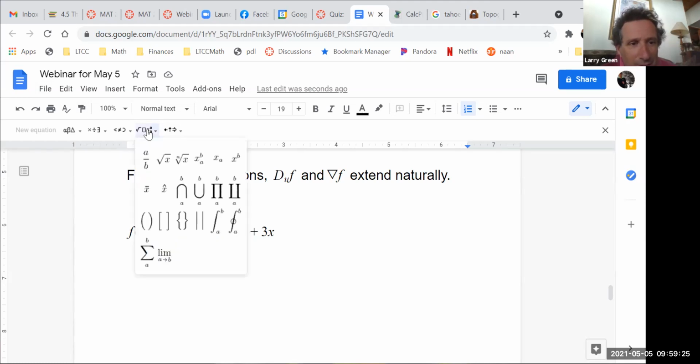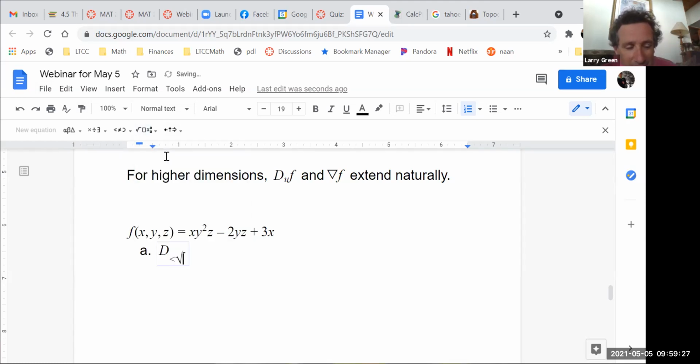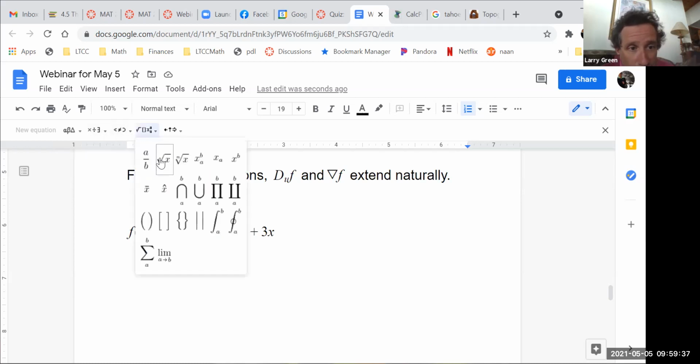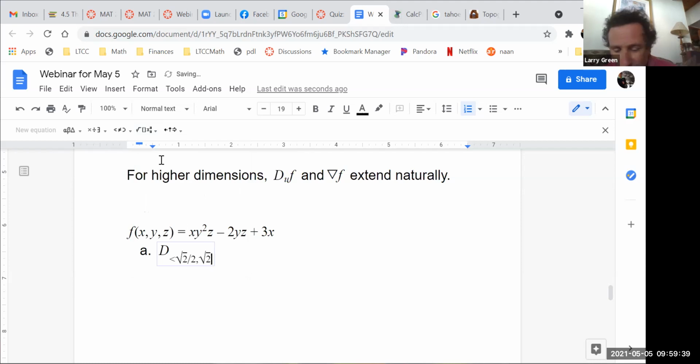So you've got to have a square root. Unit vectors are always ugly. Square root of 2 over 2, comma, square root of 2 over 2. Hopefully you agree that's the unit vector, of f at the point 2, comma 1, comma 0.